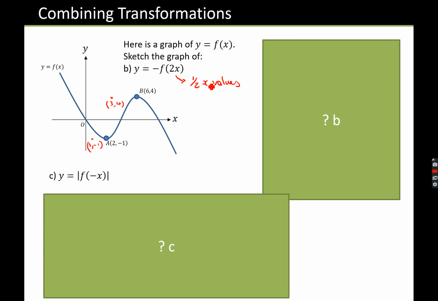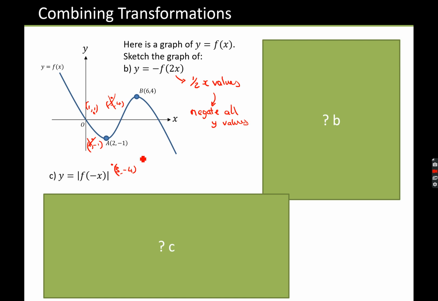Then the negative means we're going to negate all our y values. So 3, 4 is going to become 3 minus 4. 1 minus 1 is going to become 1, 1. Ignore those two.